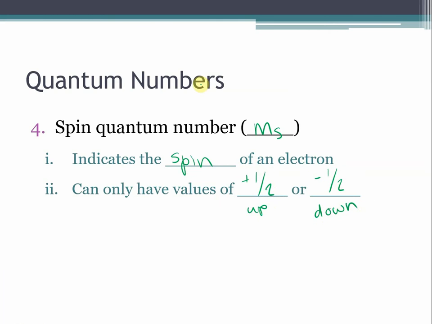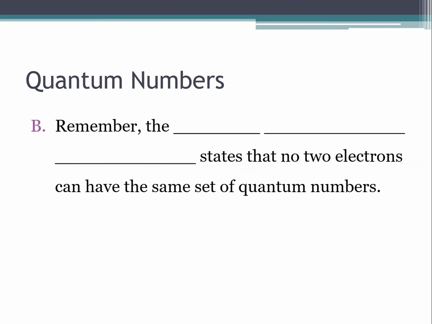So when you add in this last quantum number, this 4th quantum number, that narrows it down to a single specific unique electron. Because remember, way back to the first day of this unit, remember the Pauli exclusion principle? The Pauli exclusion principle states that no 2 electrons can have the same set of quantum numbers.